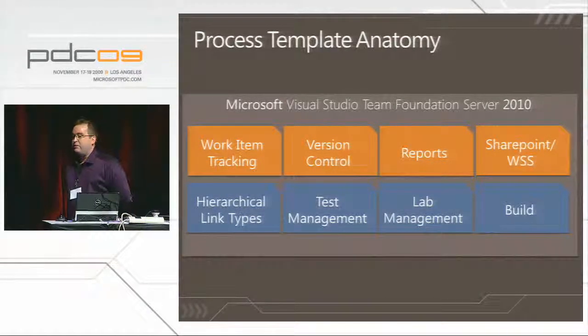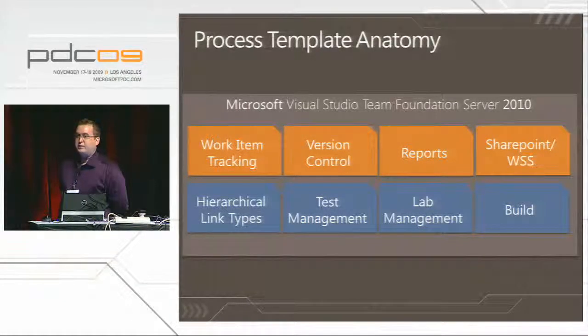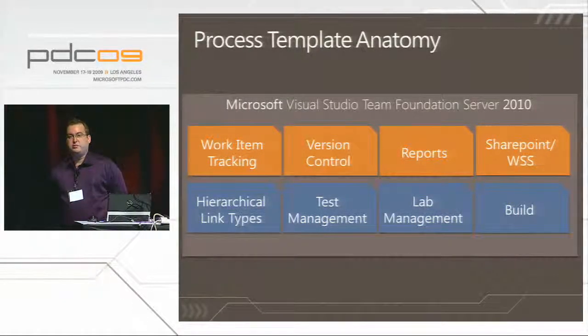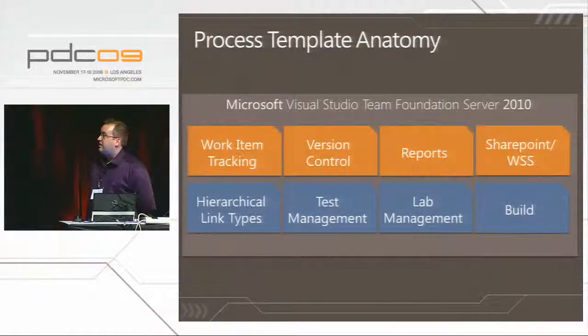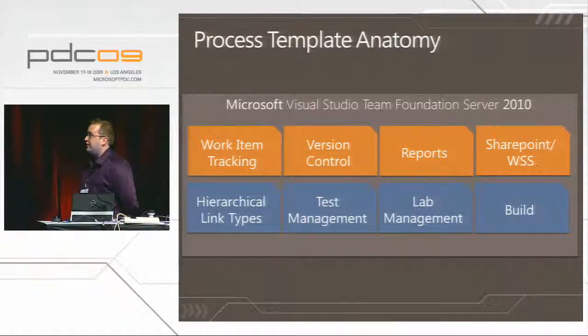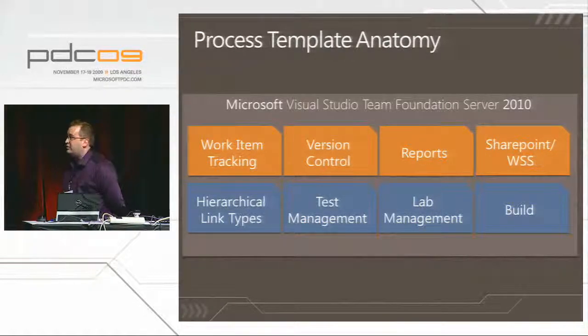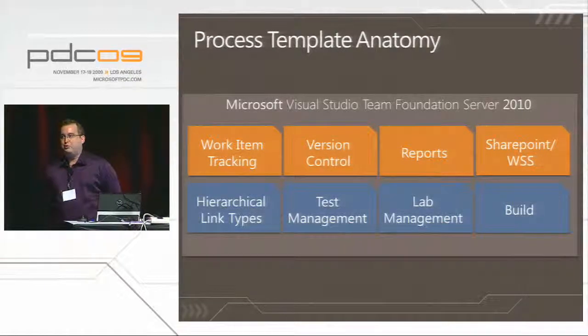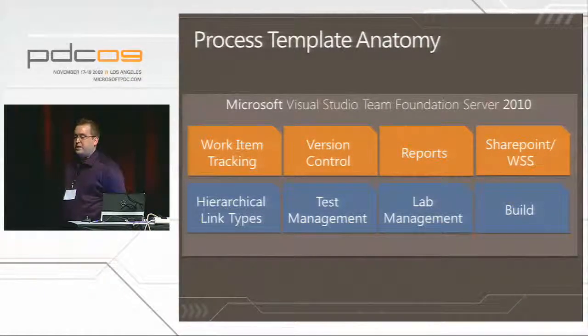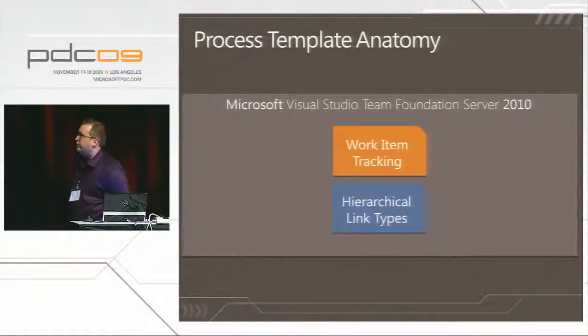Build area, the build definition now is incorporated in the template, so you must include that. Information about lab management, test management, information about test cases and categories, and hierarchical link types, which I'm sure all of you have heard about, a major feature of 2010. We're going to focus more on work item tracking and those link types.